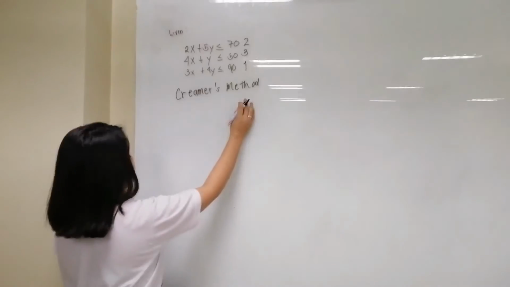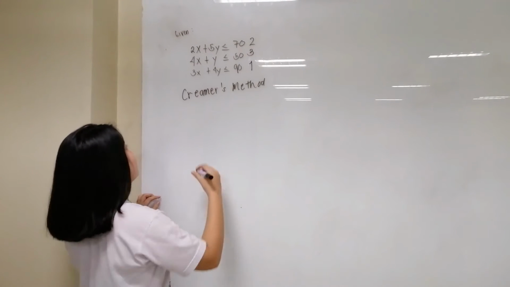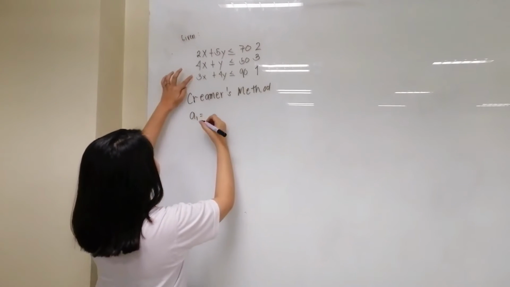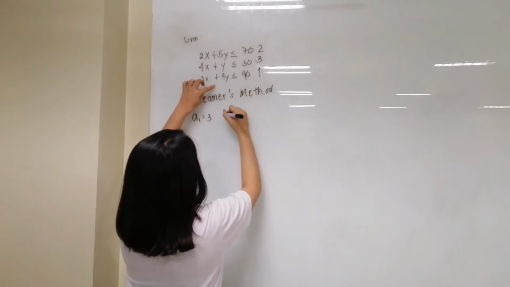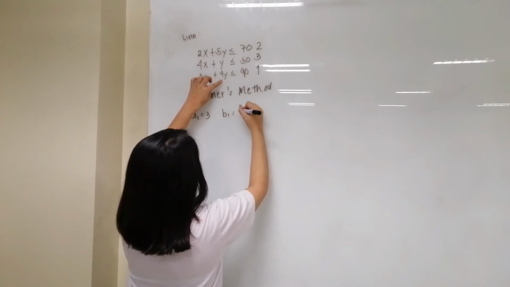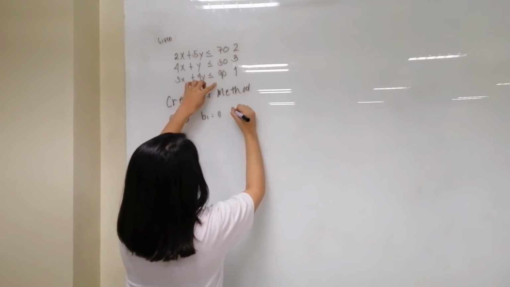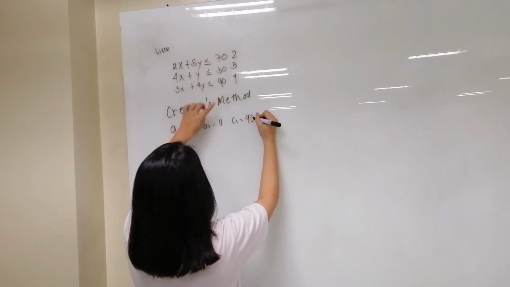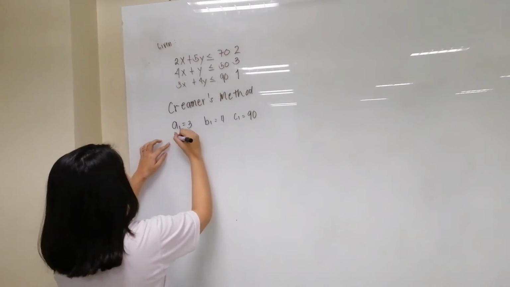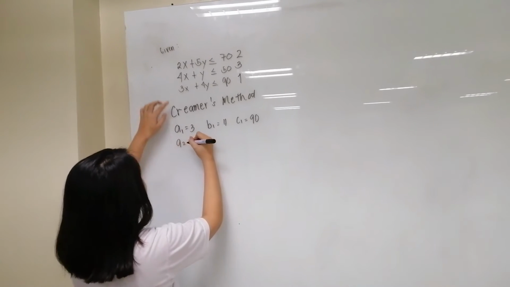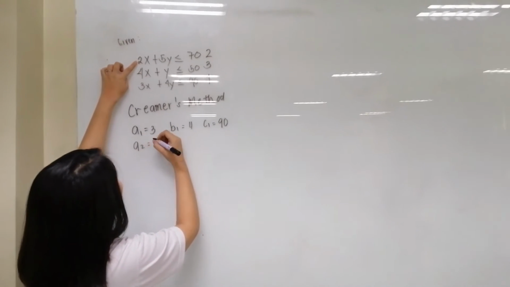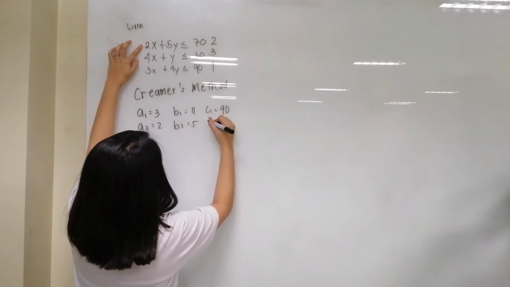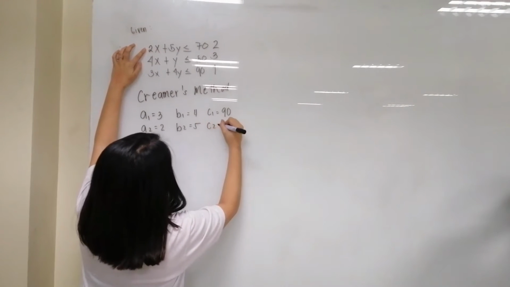So first, A1 equals 3, B1 equals 4, C1 equals 90. Next, A2 equals 2, B2 equals 5, and C2 equals 70.